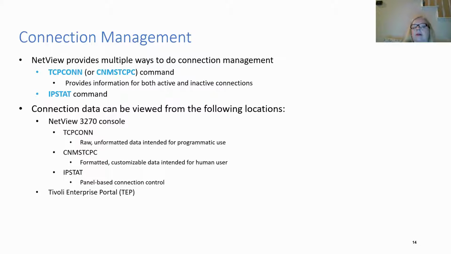So by customizing it, you can remove columns, you can rearrange the order of columns, however you want to see the actual data. And then we also have the IPSTAT command, which is a panel-based connection control. So you can view the connection data from the NetView 3270 console or the Tivoli Enterprise Portal.